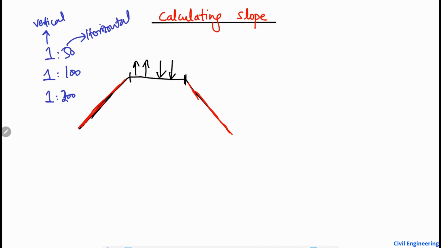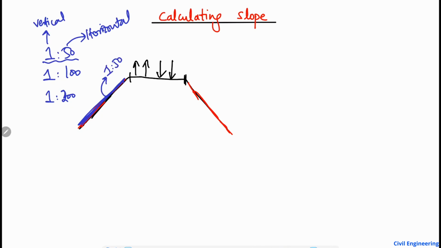Now what does this mean? If I consider this is any surface, we have a slope here, an increase in height. So how do we define this 1:50? For example, the slope of this is 1:50.